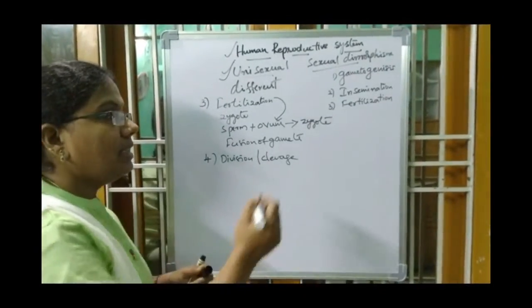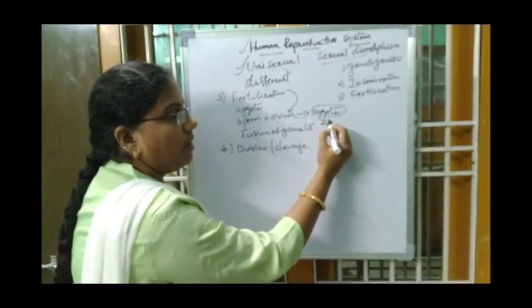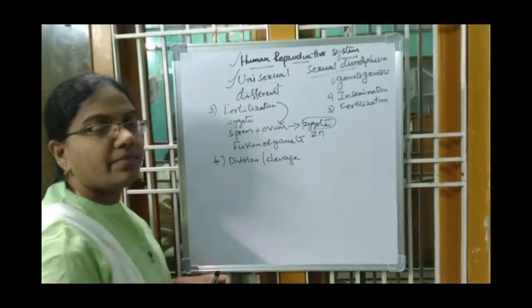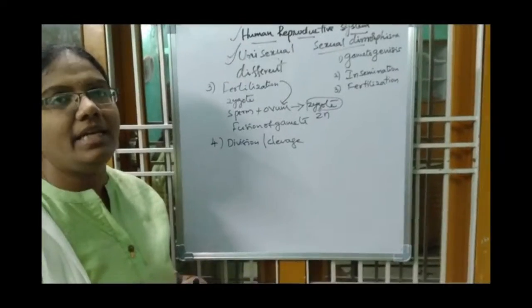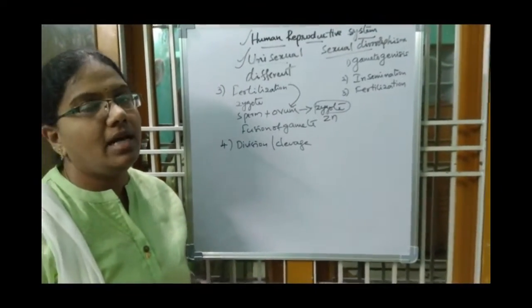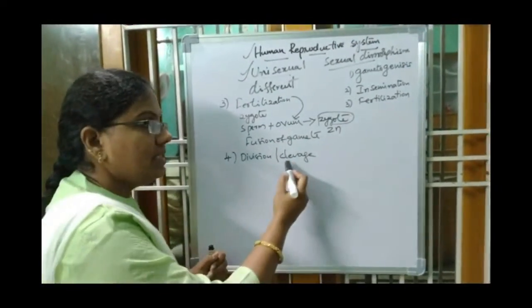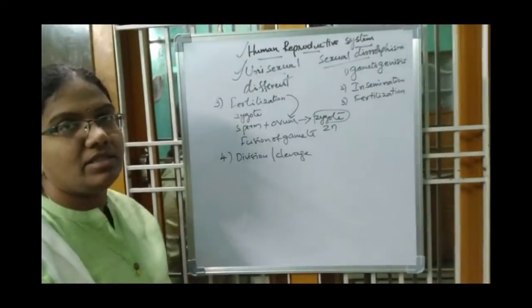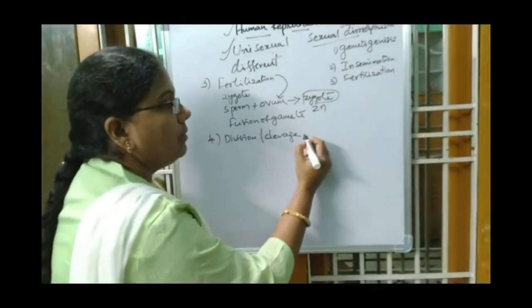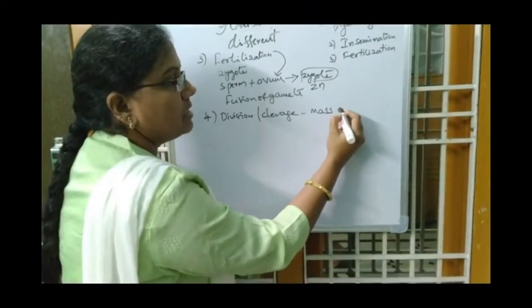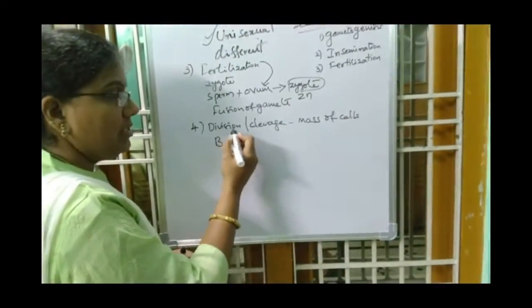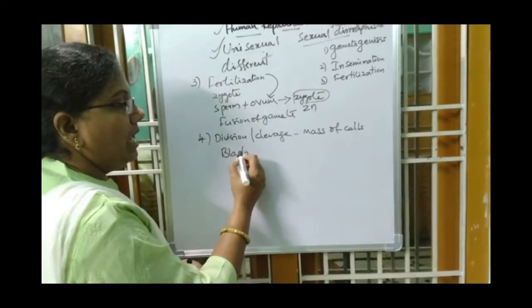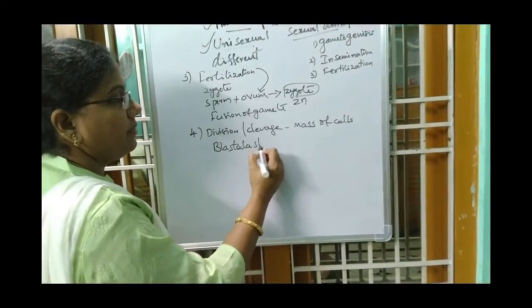The zygote, which is in the diploid state, that is 2n state, divides many times to produce a fetus or organism. These divisions are called cleavages, producing a mass of cells. This cell stage is called the blastula stage.